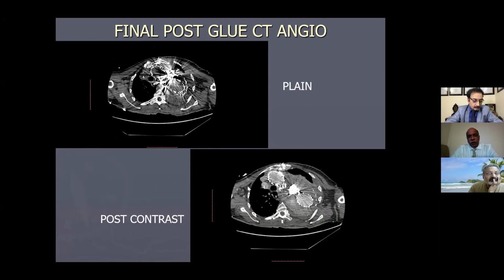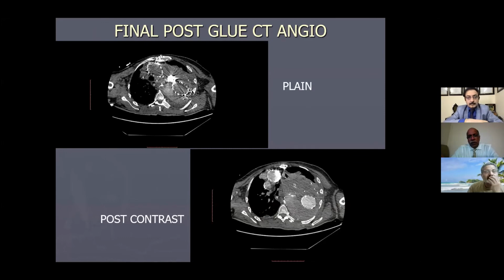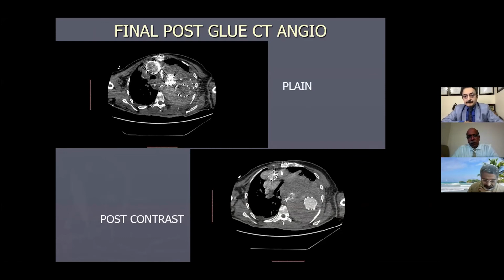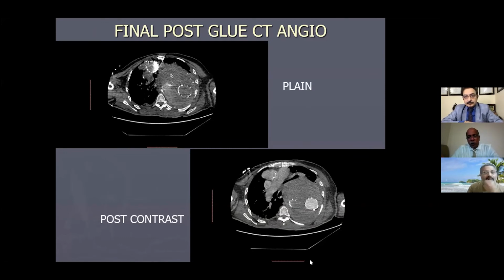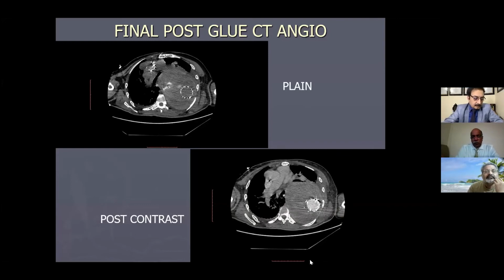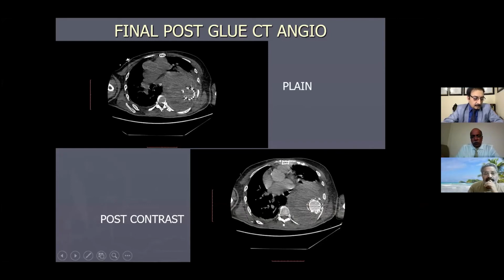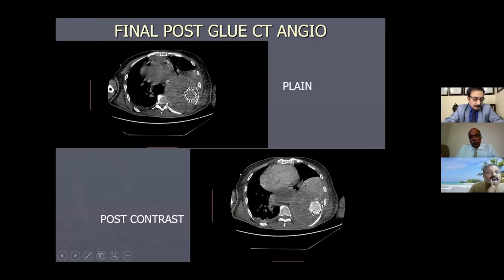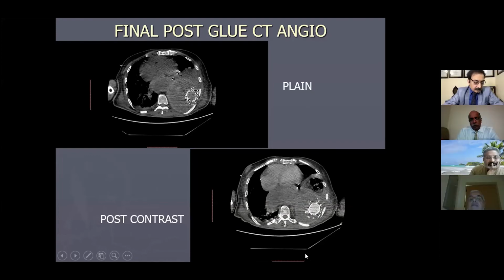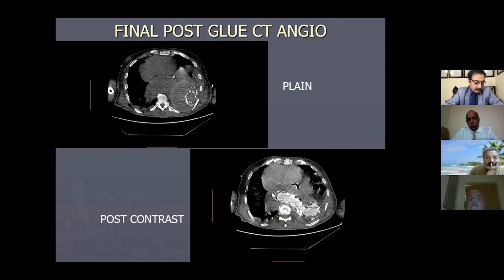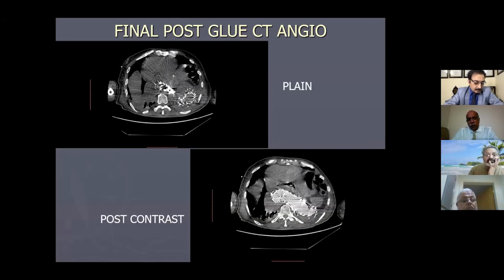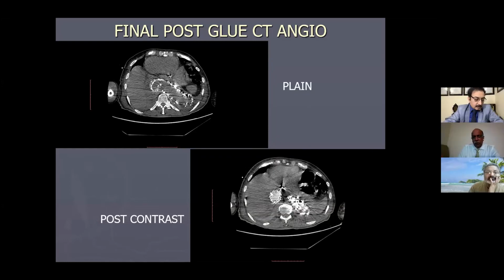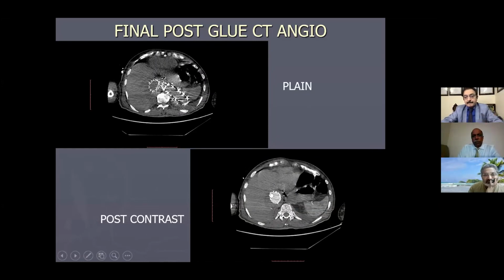You don't see any contrast extravasation or endoleak, either for type 1A or type 1B. Right to the bottom, you're seeing here now that there is no type 1B endoleak. This was immediately after the procedure.